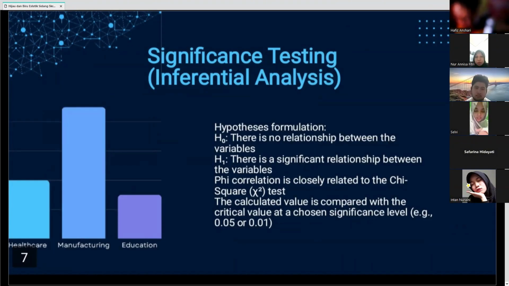On the other hand, Phi correlation should be used when both variables are dichotomous, meaning they have only two categories, such as yes or no, pass or fail, or male or female. Do you understand? Yes, I understand. Thank you. You're welcome.